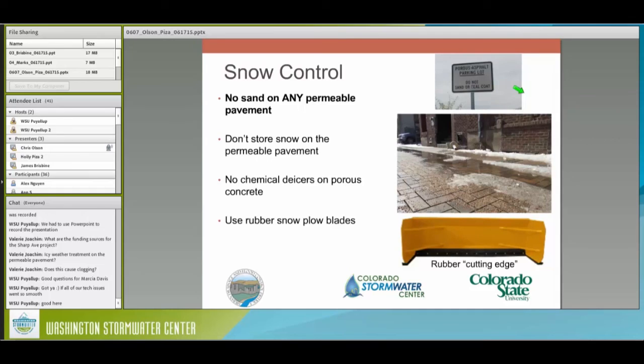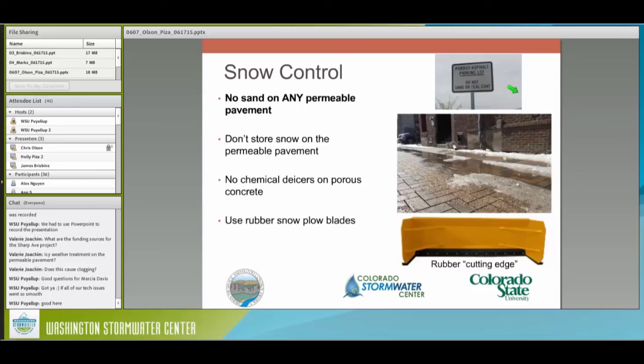In terms of snow control, obviously here in Colorado we have our fair share of snow, and one of the things that we recommend is, first of all, to never sand any type of permeable pavement. The primary issue there is that sands that are used for traction control during the winter are not clean and washed, and so there's a lot of very fine silts, clays, and other sediments that will clog your permeable pavement system very fast.